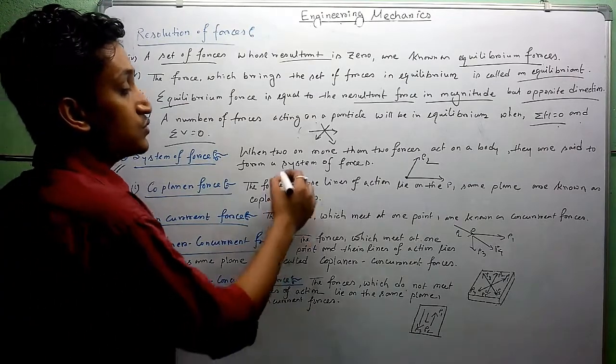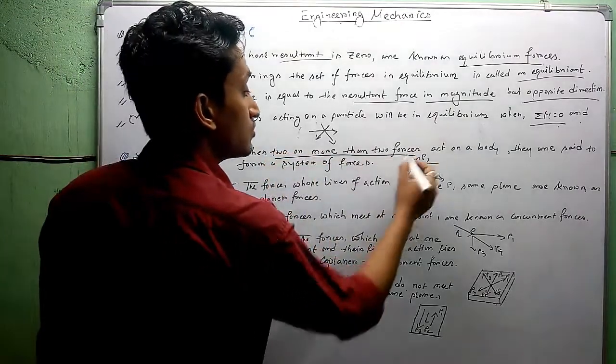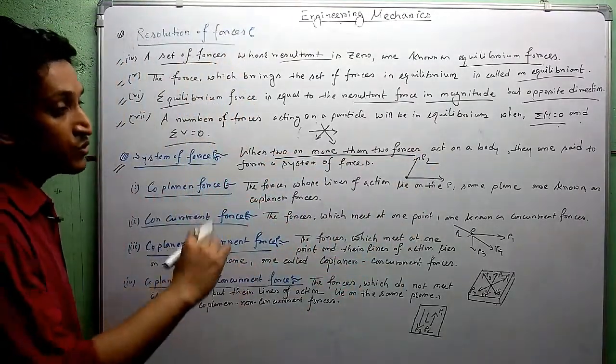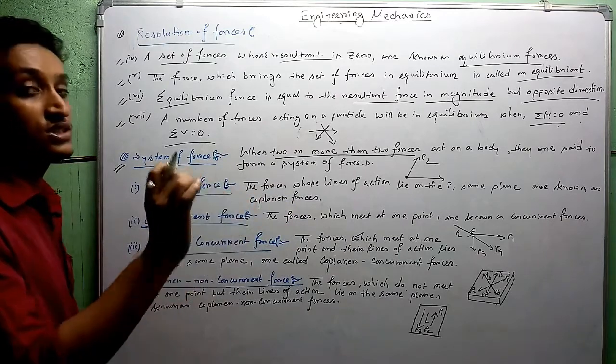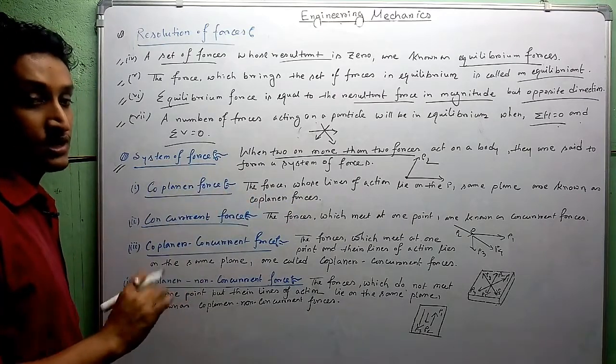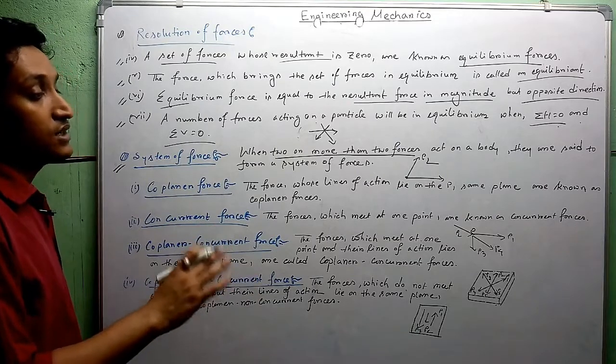When two or more than two forces act on a body, they are said to form a system of forces. Okay, उसको क्या कहेंगे हम? System of force.